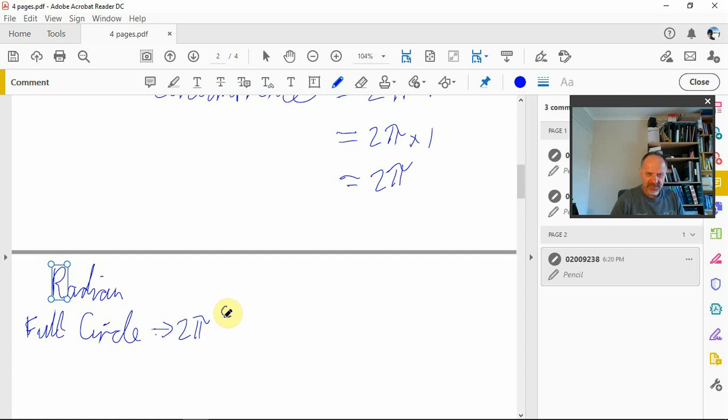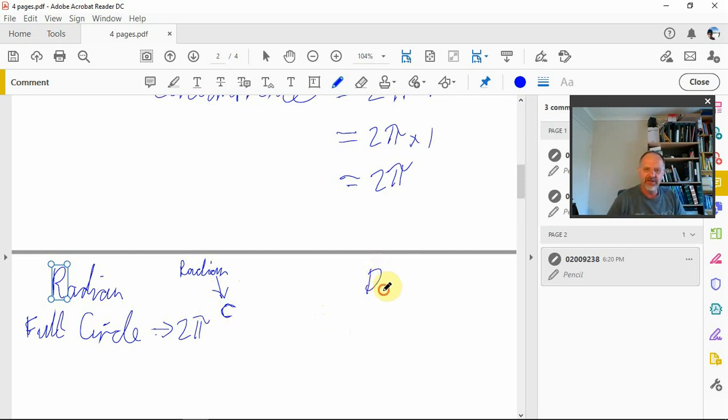And we put this little c up the top, and that indicates radian. When you see that written, sometimes it's left out, sometimes it's in there. I'll talk more about that in a moment.